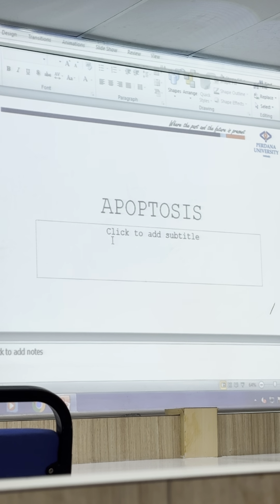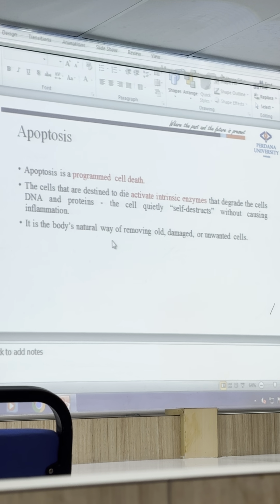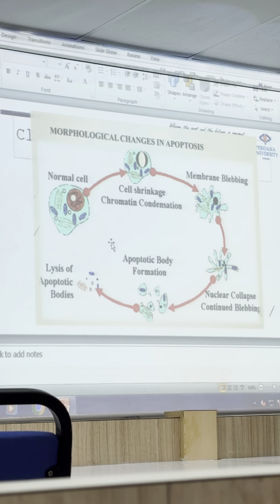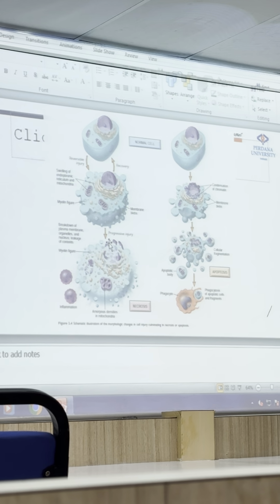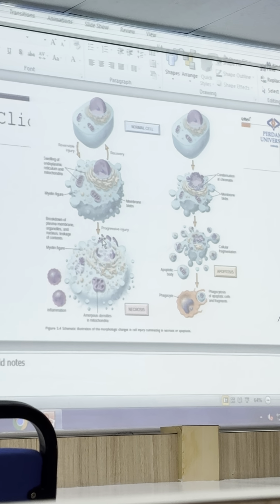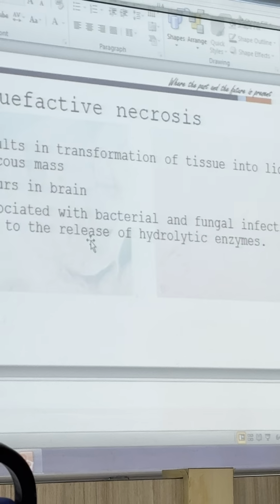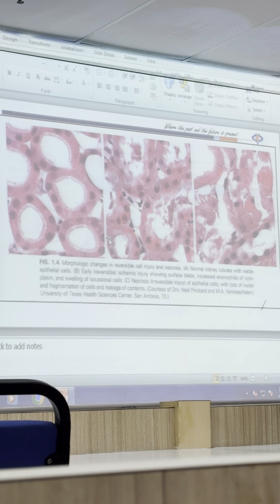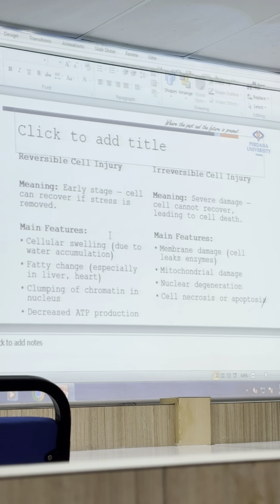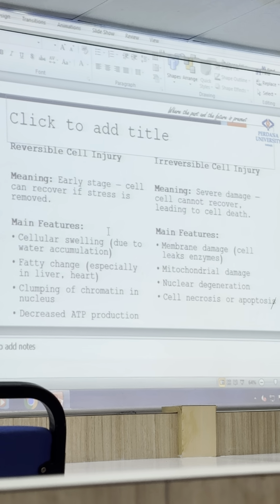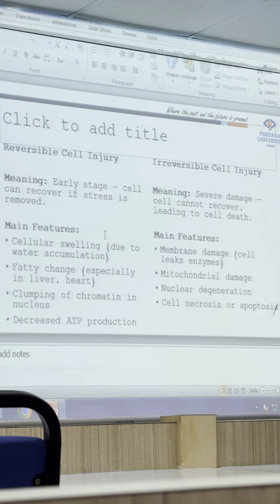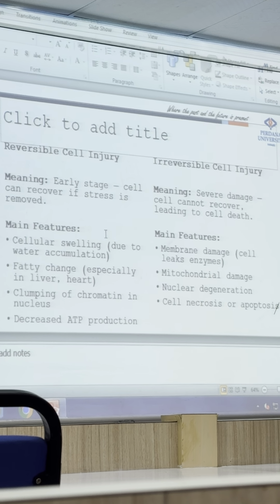Gangrene also is a type of necrosis. Apoptosis I have not taken up in detail because it is quite a difficult topic, but I wanted you to know the difference between them. And one more topic which I missed is definitely the injury: what is happening in the reversible and the irreversible.